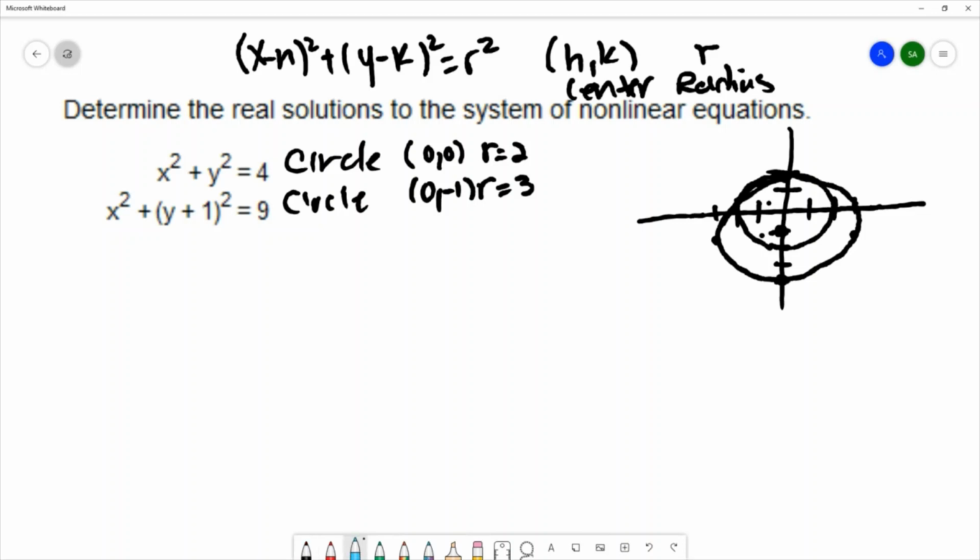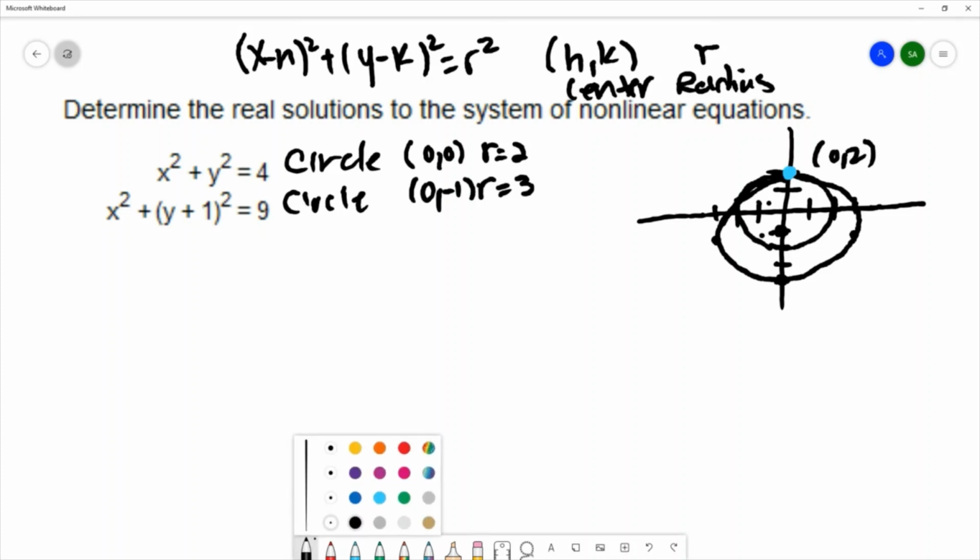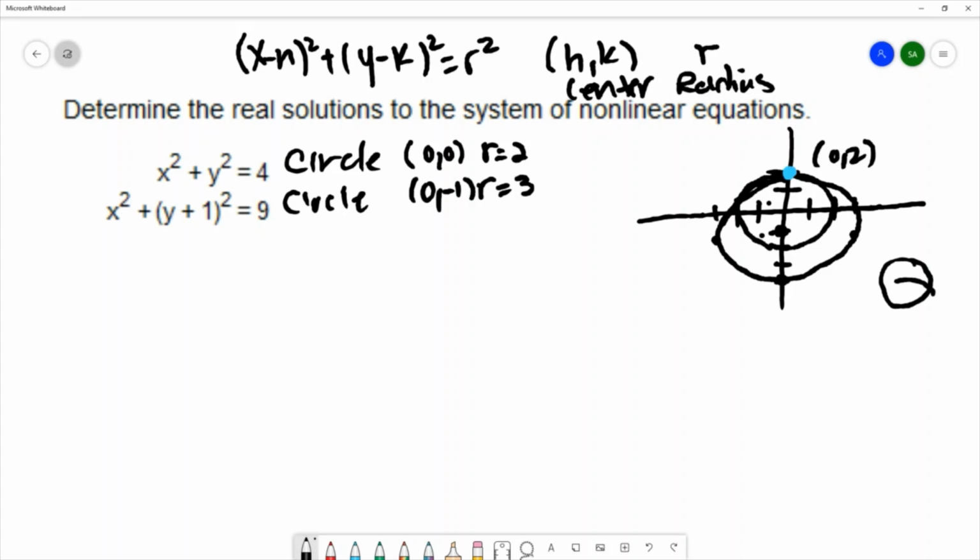It looks to me that they're going to intersect in one point right here, which is the ordered pair (0, 2). But if we draw some other circles, it's possible for the circles to intersect in 2 points as well.